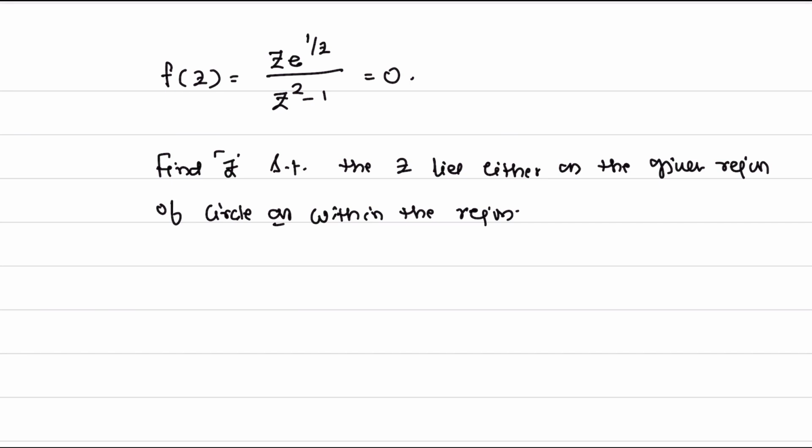To find z, the denominator cannot be 0. What are the denominator values, where it is not defined? z square is equal to minus 1 implies z plus 1 into z minus 1 is equal to 0.